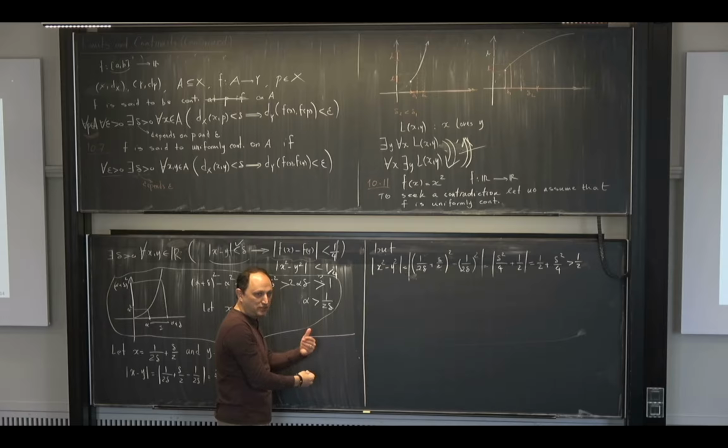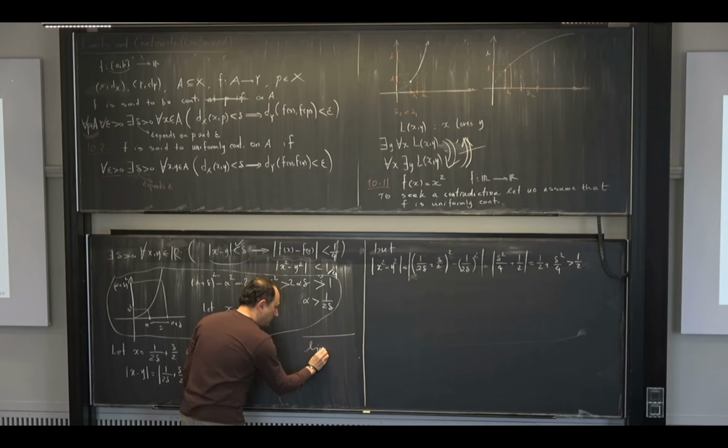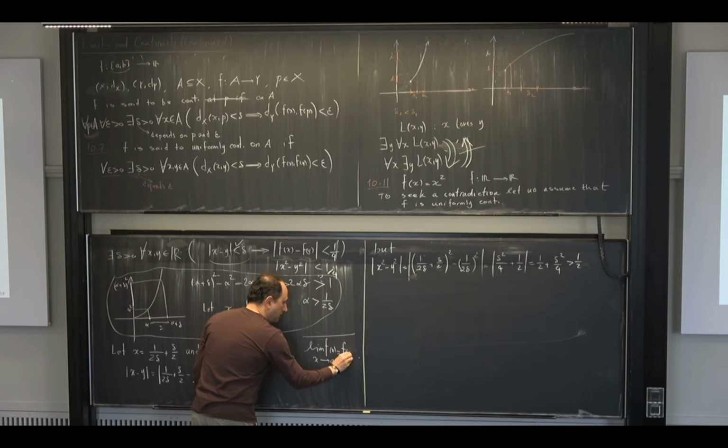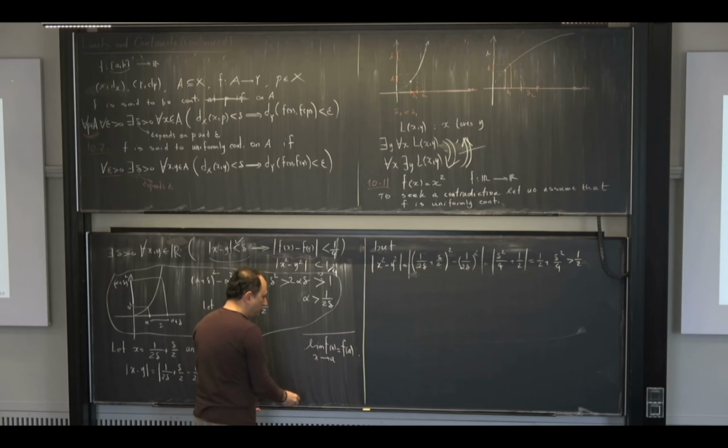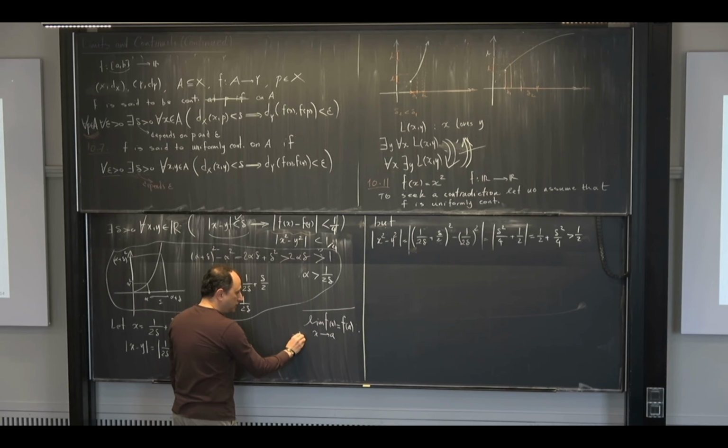So if this is not an isolated point, what you learned in calculus is still valid in this course. So if I want to prove that x squared is continuous, I pick an a in R, and I calculate the limit of x squared as x goes to a, which by the algebra of limits is a squared, and that is exactly f of a.